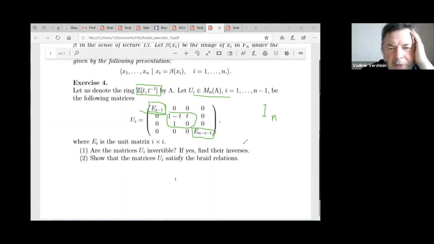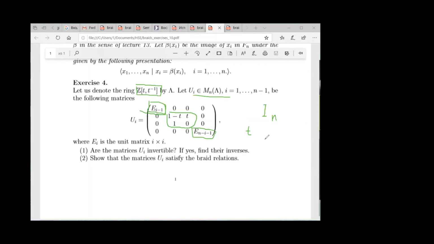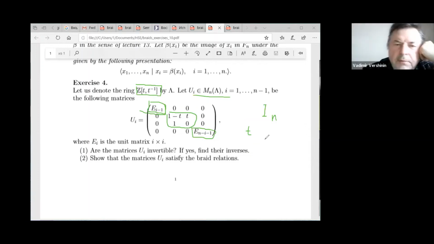If you calculate the determinant, it will be t, and so t is invertible. So the matrix is evidently invertible, right? Maybe minus t. Right, exactly. Yeah, absolutely, minus t.